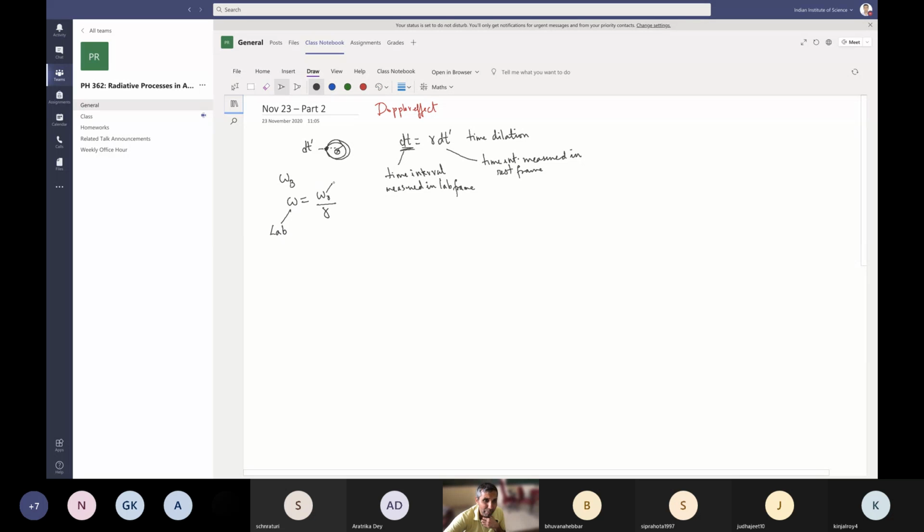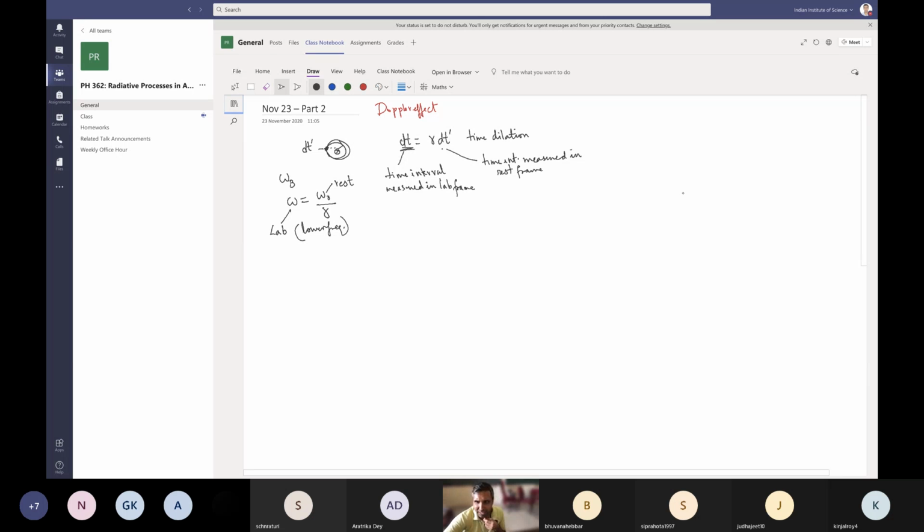The frequency in the lab frame is smaller because the time is longer, so lower frequency. Basically you have some periodic motion of an emitting particle, and this is how the time period of this periodic emitter measured in the lab and in the rest frame is related.